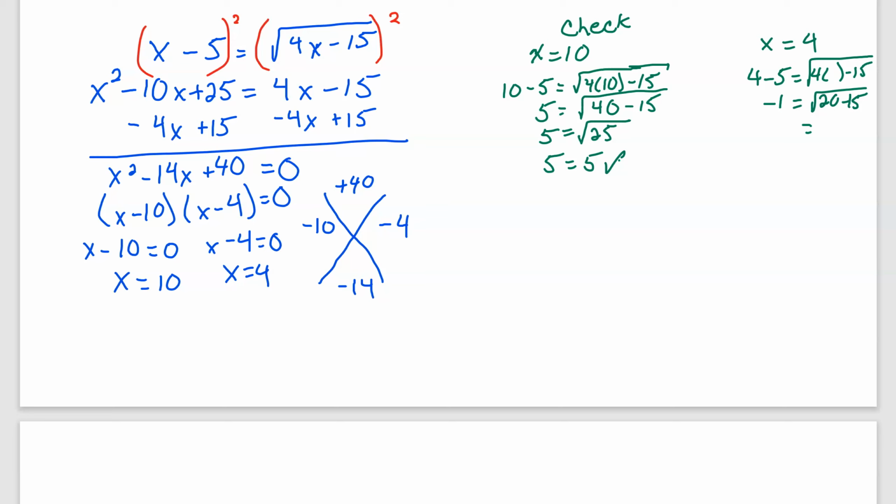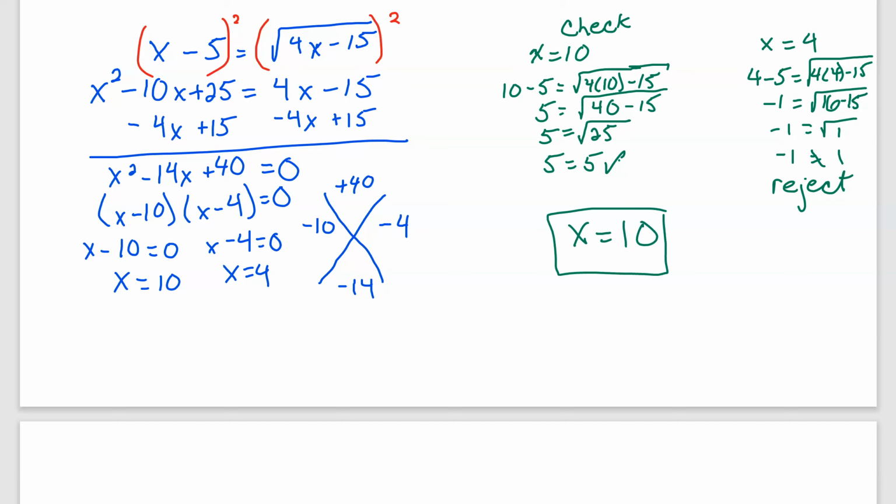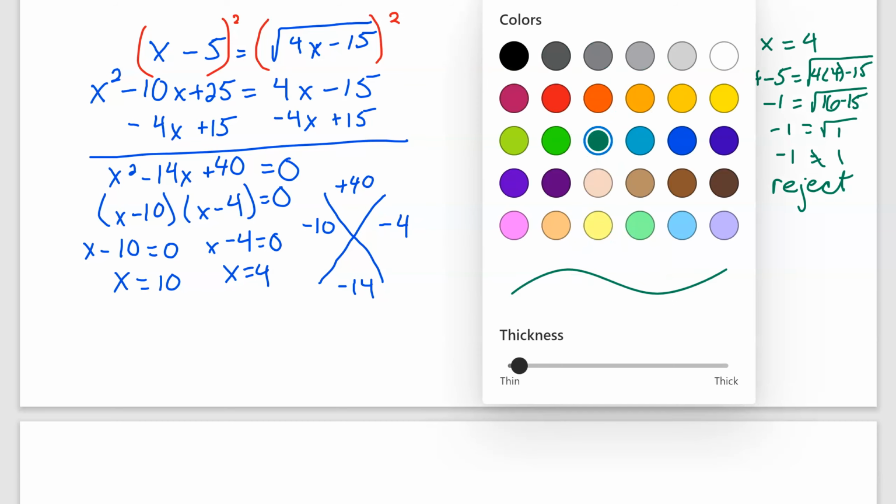That should be a 4. And so this would actually be a 16 instead of a 20. So 16 minus 15, that would be a square root of 1. And I get negative 1 is equal to 1. No. So I reject this one. That would be an extraneous solution. So x equal to 10 is my only solution in this case.